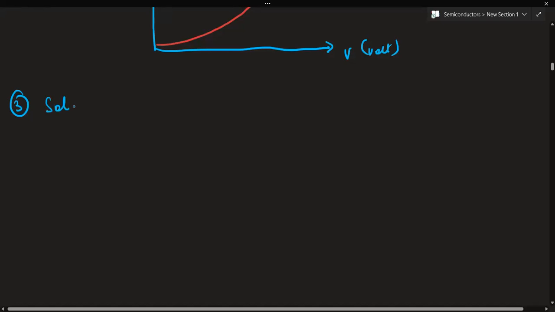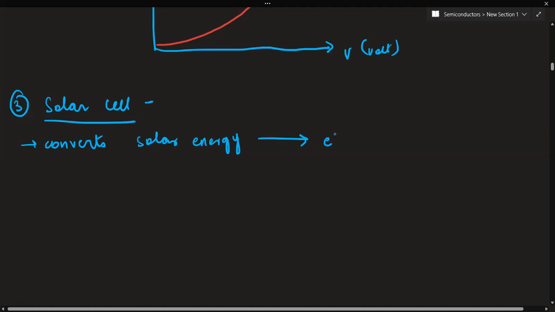The third, or the last one, is the solar cell. Now the solar cell converts solar energy, meaning the energy of the sun, into electrical energy.